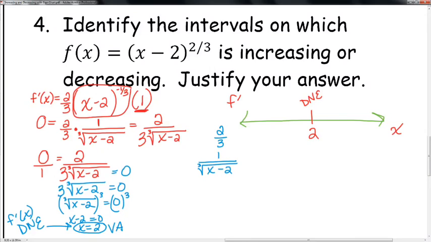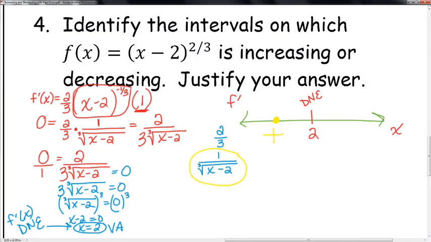Alright, well, 2/3, I'm going to pick a number to the left of 2, let's say 0. 0 is an easy number to work with. Well, 2/3 is not multiplied by anything, so it's always positive. And then I'm going to plug in 0 into that function. So I have 1 over the cube root of 0 minus 2, which is 1 over the cube root of negative 2, and that's okay.